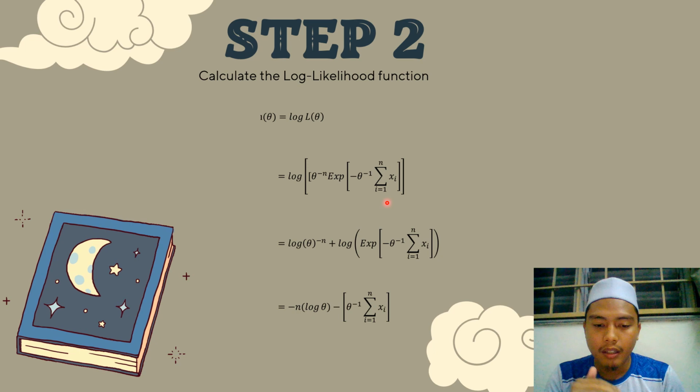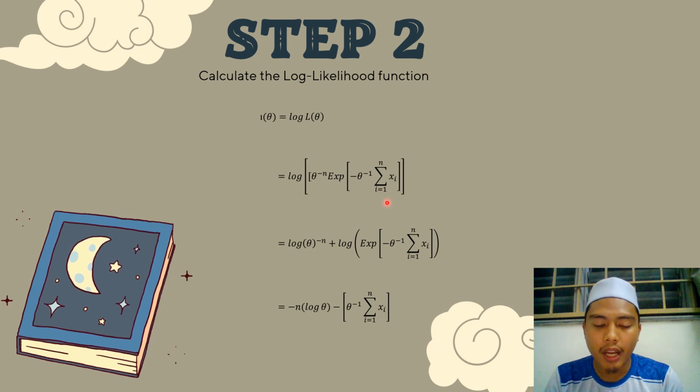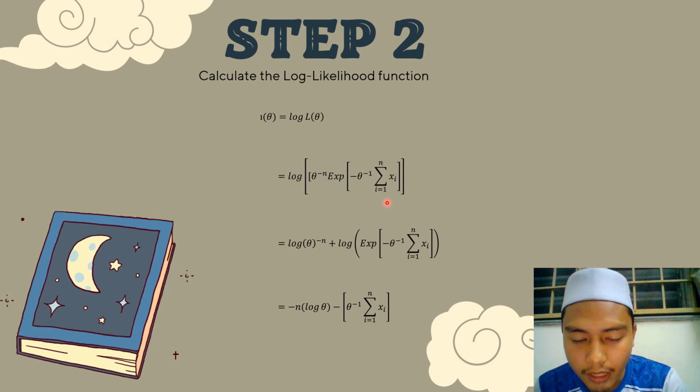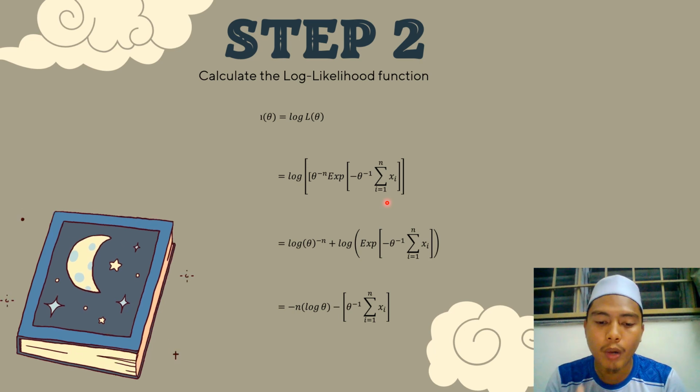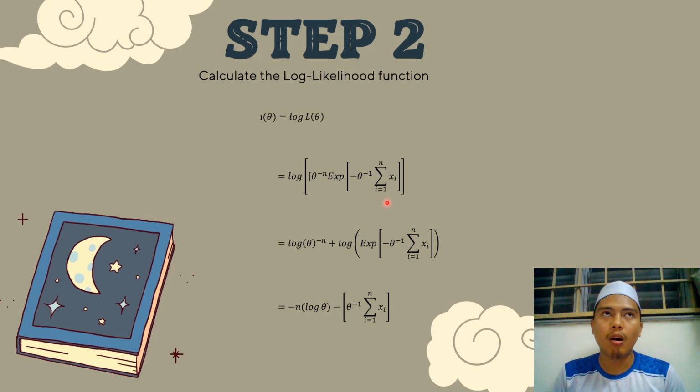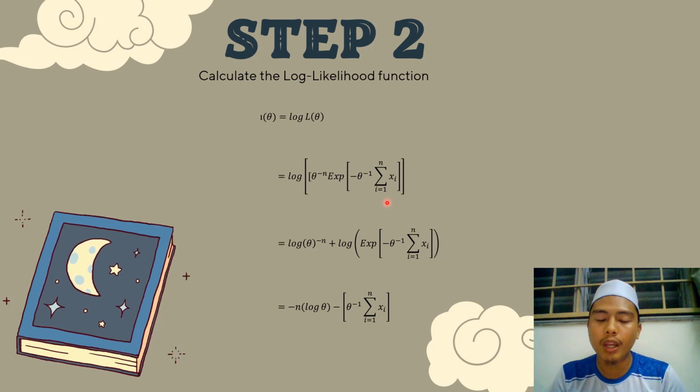The final result in this step is negative n log theta minus theta power of negative 1 times summation of x, because log, or we let it be ln, of exponent gives the answer 1.